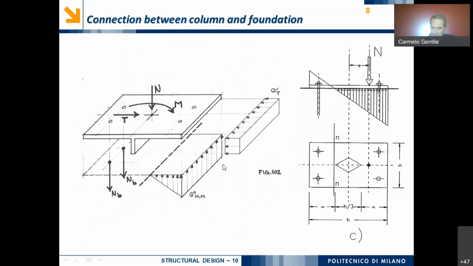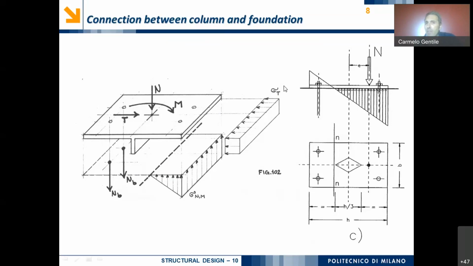For example, if we have this kind of plate with a vertical plate, let's look at the vertical plate. The vertical plate is subjected to a uniform distribution of horizontal normal stresses.